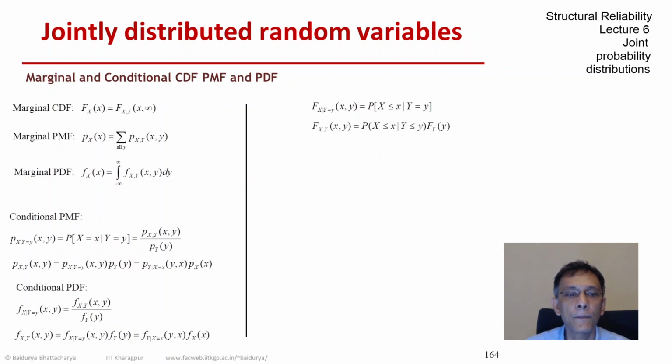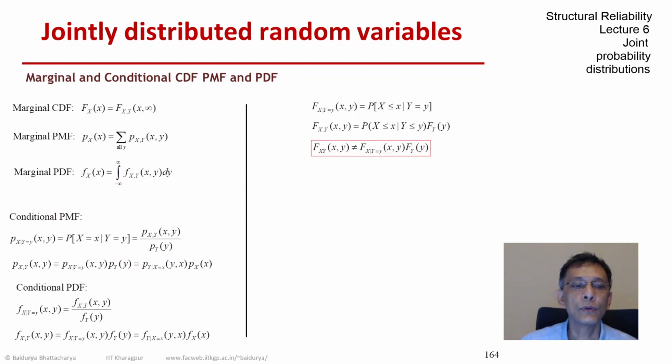Now we can expand it just by using the definition, but we have to be careful that we cannot write the joint distribution function as the product of the conditional and the marginal. You have to be a little careful for that, and why should be clear from the above two equations.